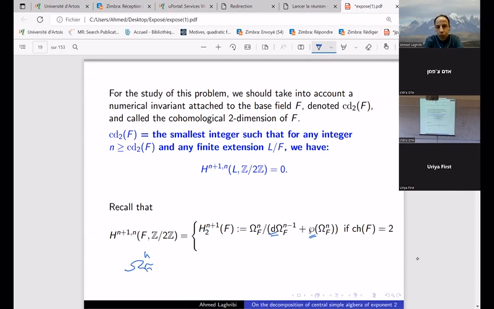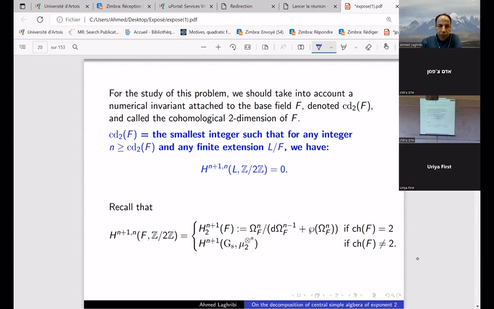This is if the characteristic is 2. And when the characteristic is different from 2, we just use the usual n+1 Galois cohomology group. So this is the cohomological 2-dimension of F, and the cohomology group is this one.